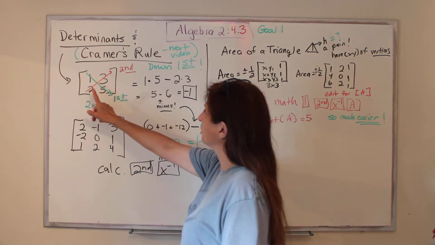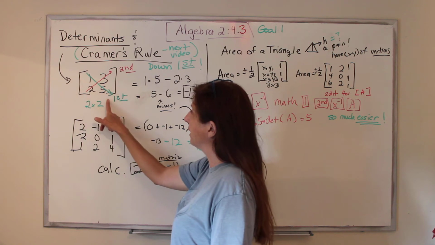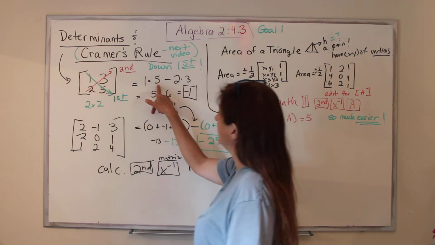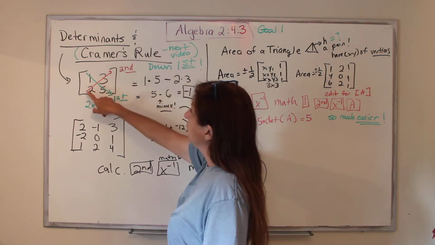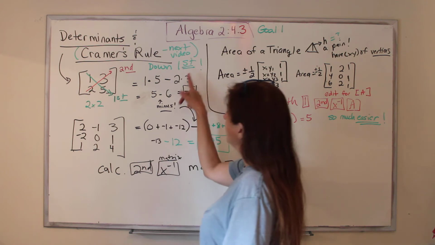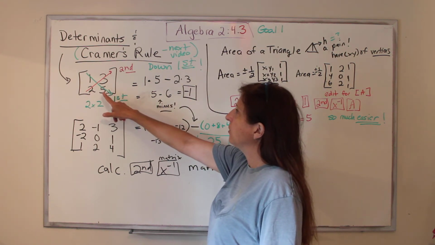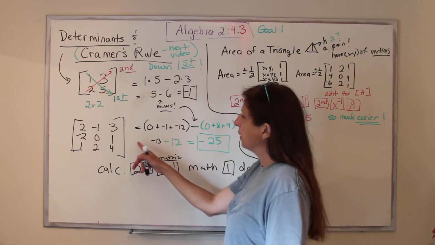What you do first is draw a line going from the top corner to the bottom, and you multiply them. So 1 times 5 is 5. Then you go up the other way. 2 times 3 is 6, and you subtract them, so the determinant for this matrix is -1. Okay?